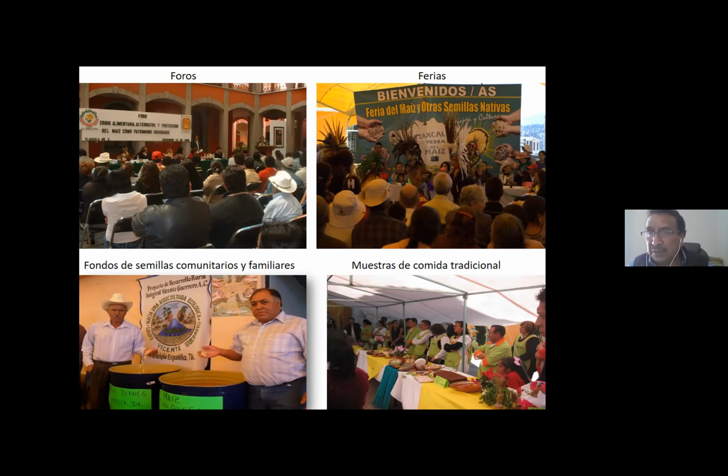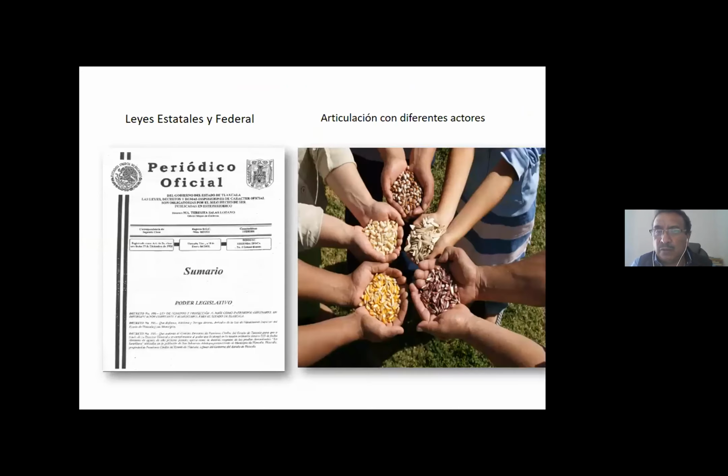In the urban regions, when we come to the cities and share this information with the urban dwellers, we explain what corn is all about and how we use and consume the corn, so that we can teach the city people that it is very important to conserve our corn.